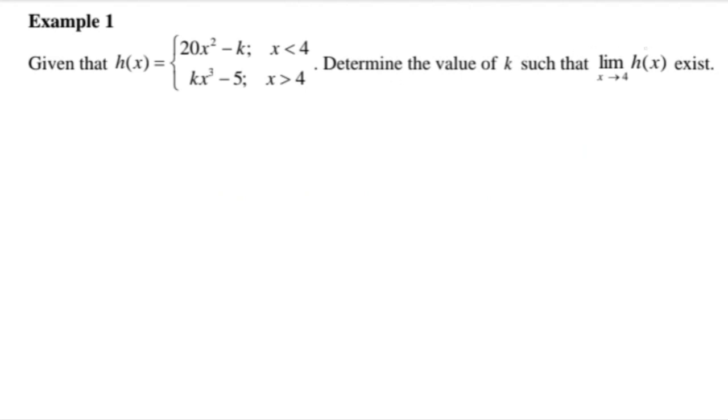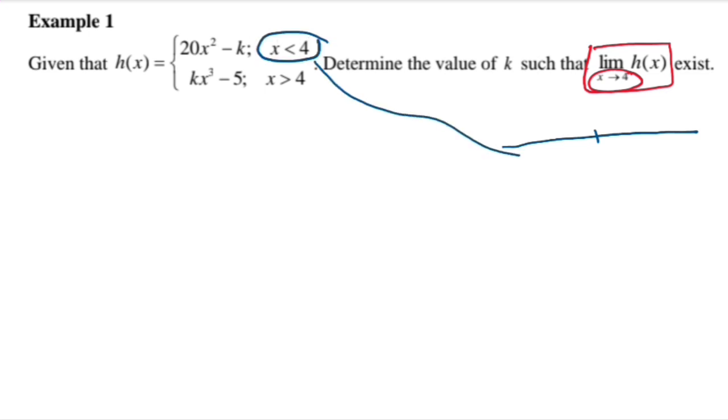Determine the value of k such that the limit of h(x) as x approaches 4 exists. Remember, before we start to answer this question, there's a tip that I showed you in tutorial 1, which is to plot all of these functions on a number line.